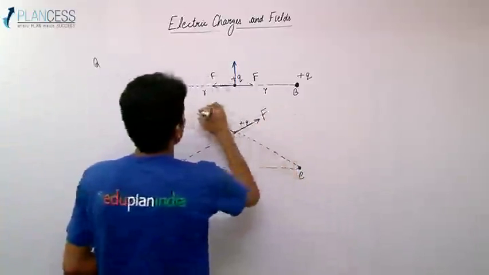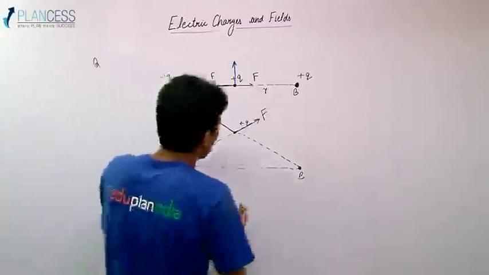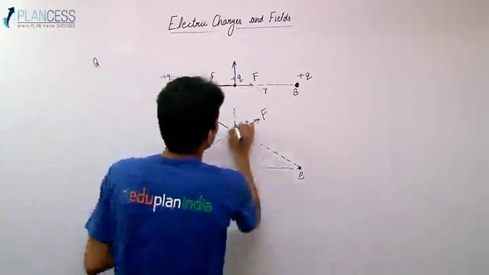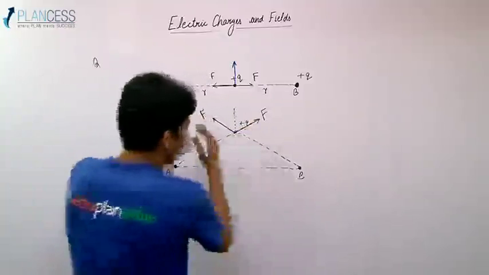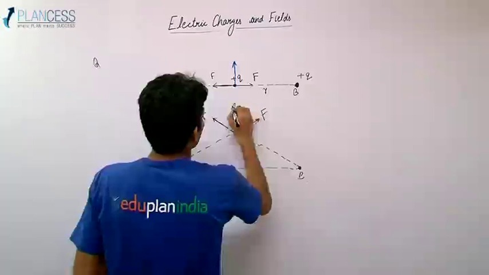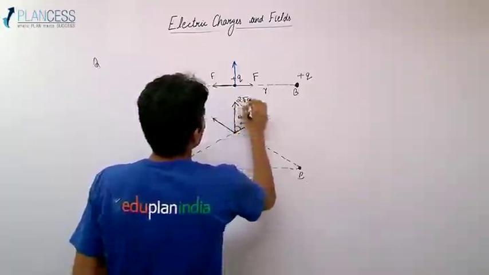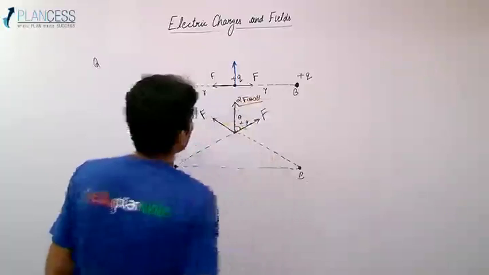So this is force F, this is force F on this plus q charge. If I find the resultant of these two forces, since the figure is totally symmetric, the net force would be here, and if I say this is theta, the net force would be 2F cos theta in the upwards direction.